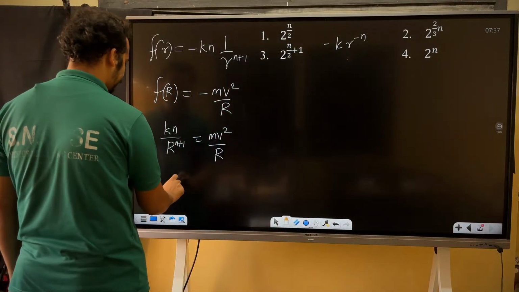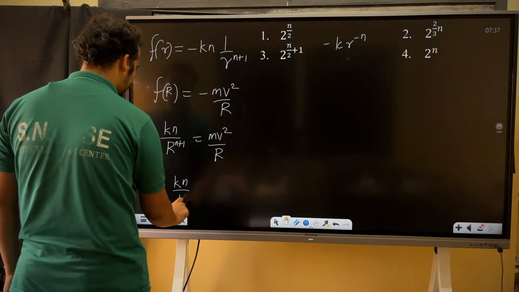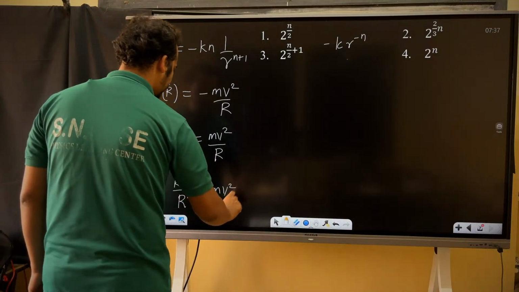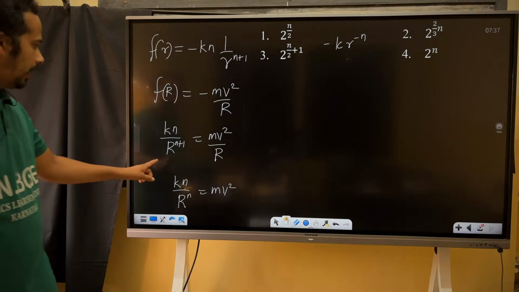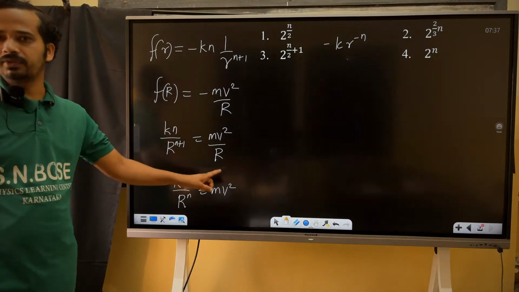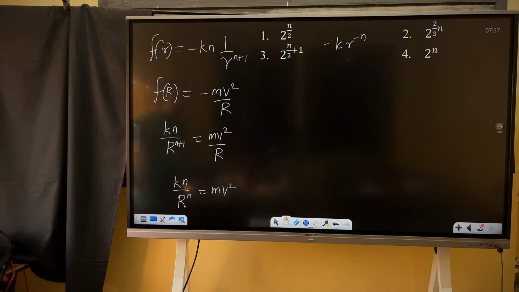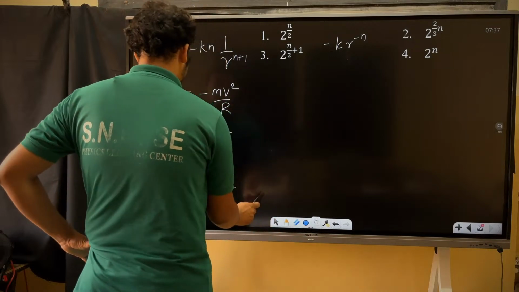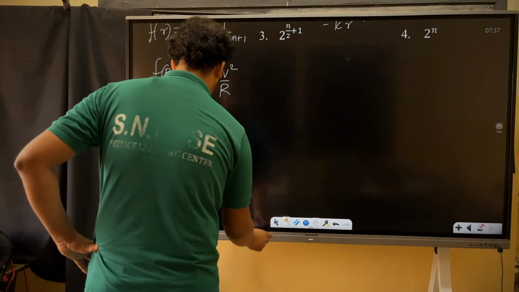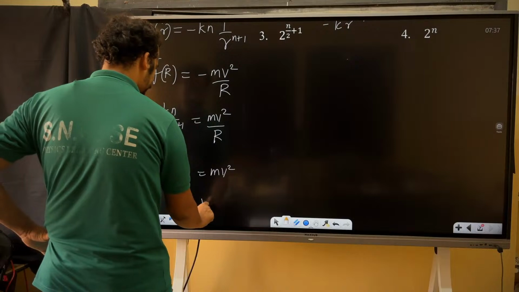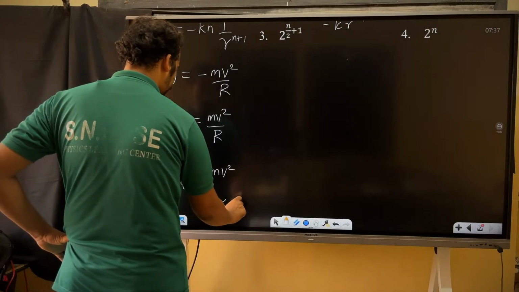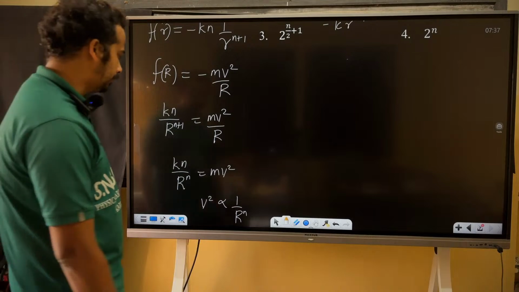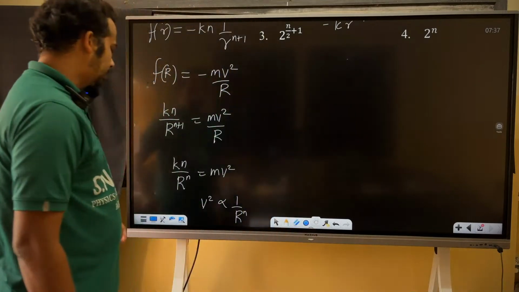Kn divided by r power n is equal to m v square. So what I got here: v square proportional to 1 by r power n. Am I right?